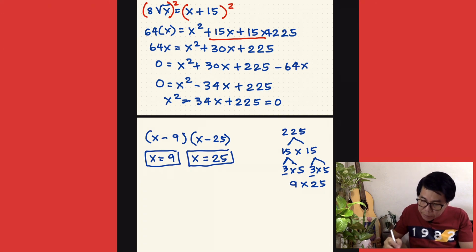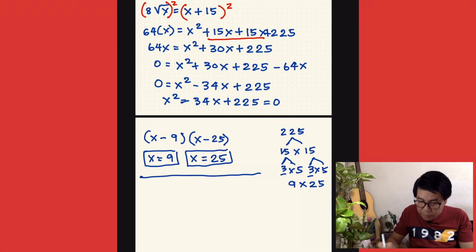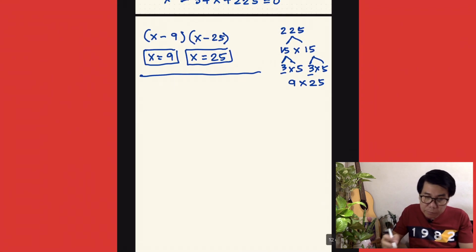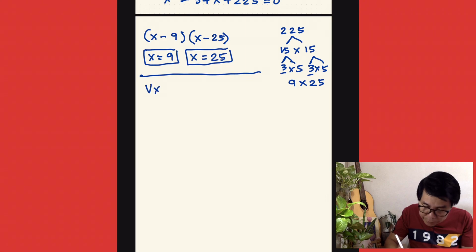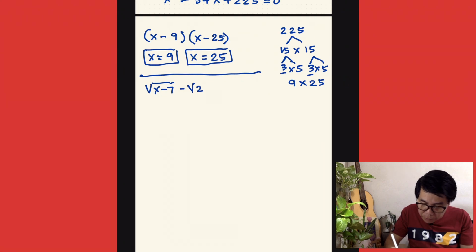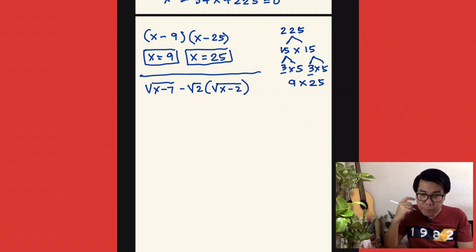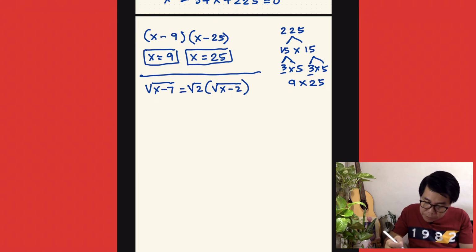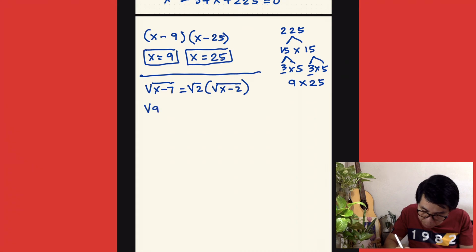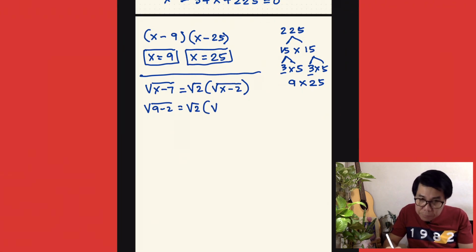Okay, now let us see. Going back to the equation, it must be square root of x minus 7 equals square root of 2 times square root of x minus 2.